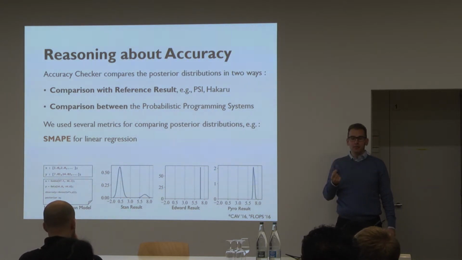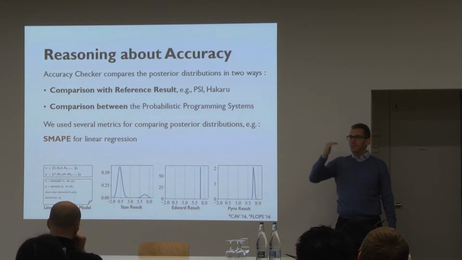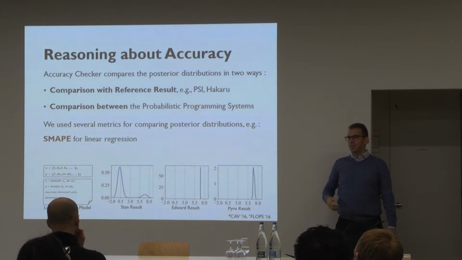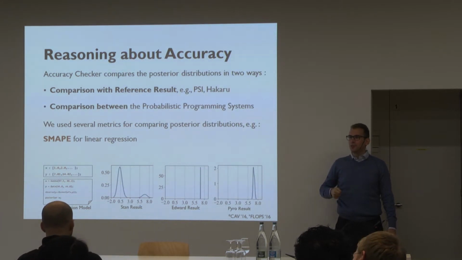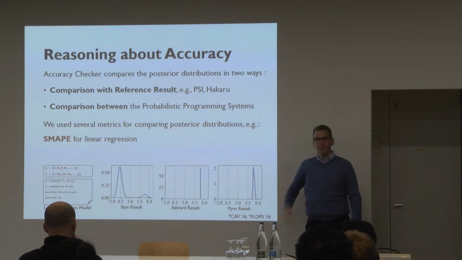So how can we get a reference value? Well, one way is to run exact inference, like Psi. Another is, when we generate the data, sometimes we know the relation. You remember in linear regression I said, here's how we generate y: it is some constant times x plus some other constant plus a little bit of noise. So you kind of expect that values would be around 7 in this case.